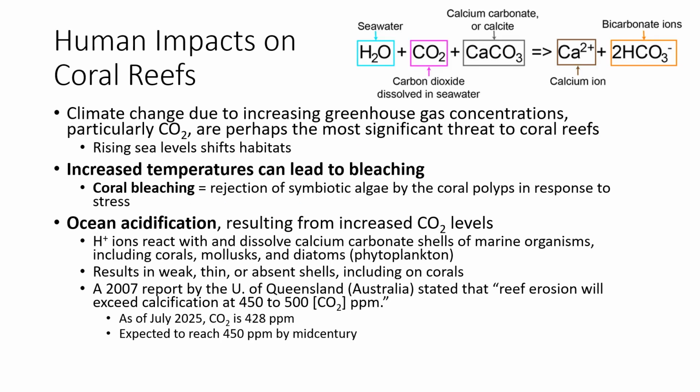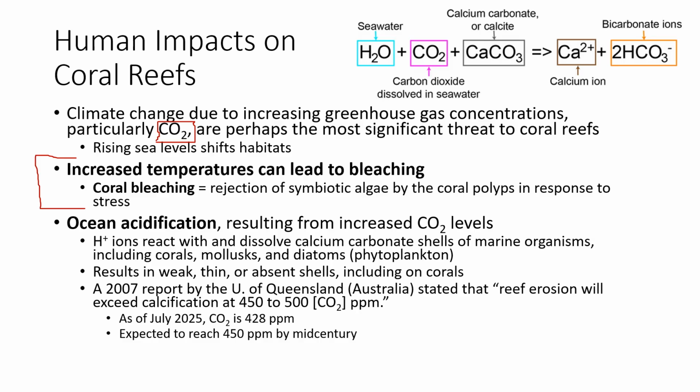Okay, so continuing with the human impacts on reefs, increased temperatures, I cannot stress enough, are what is linked to coral bleaching. There are two other impacts that corals have with rising CO2 levels in the atmosphere. One is the increasing temperature of the ocean, like we said, but there are two other ones.